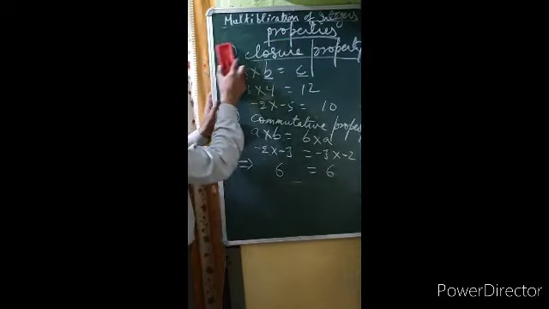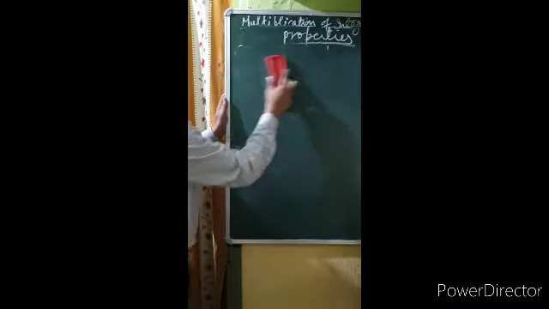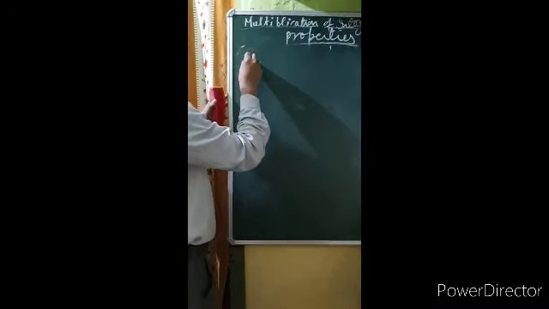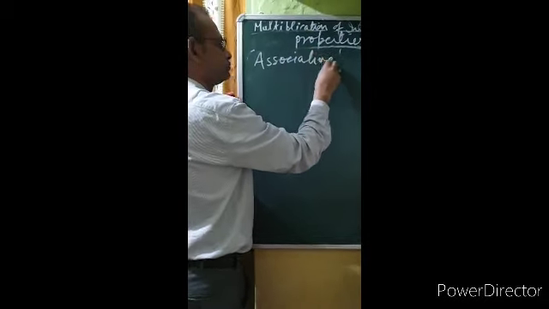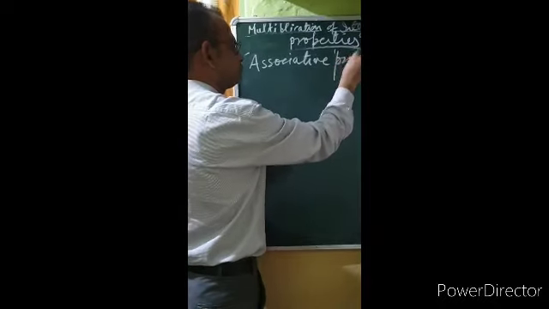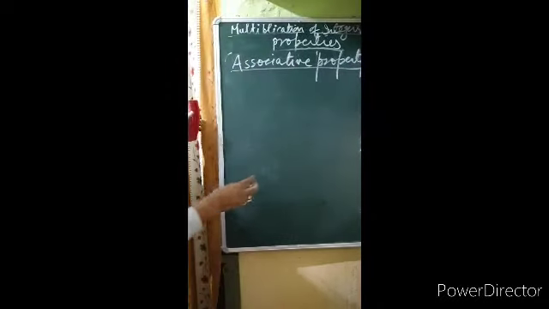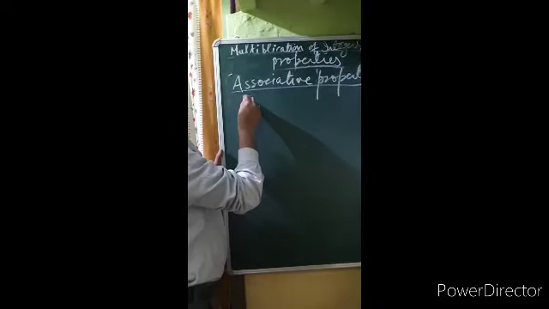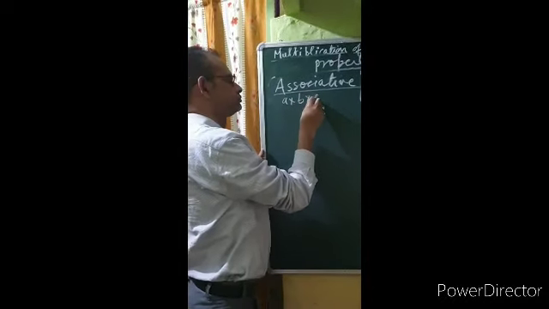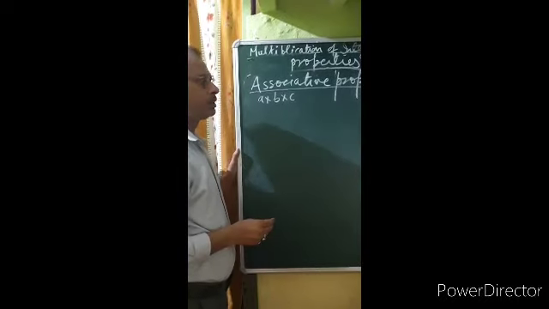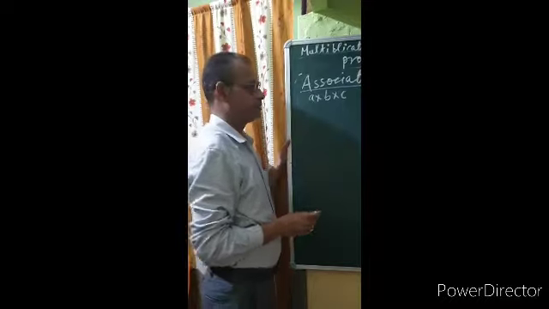The third one is the associative property. Okay, students, now we will study the associative property of multiplication.